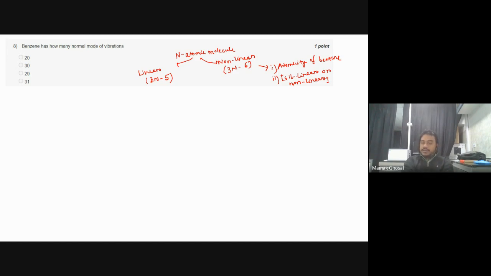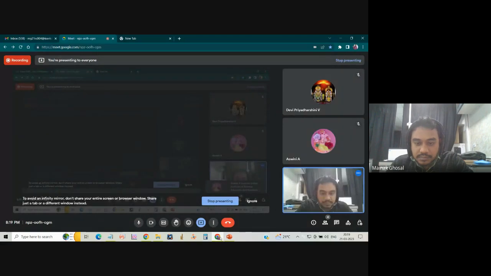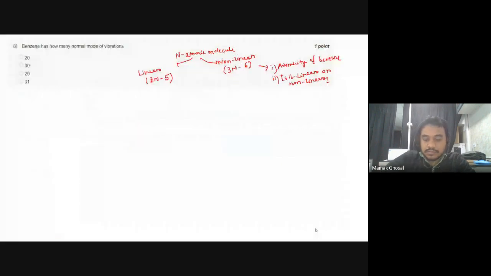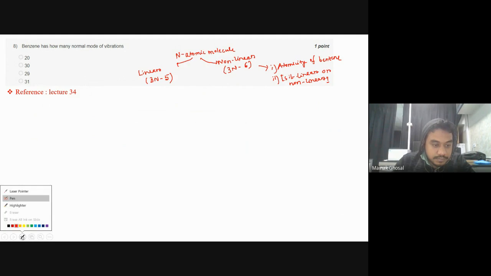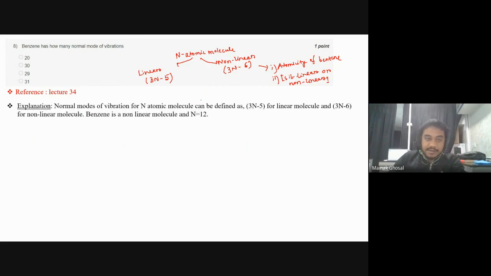If you find these two answers, you will get the answer. You can also find this in lecture number 34, whenever there was a discussion on normal modes: 3n minus 5 for linear and 3n minus 6 for non-linear, as I have discussed so far.